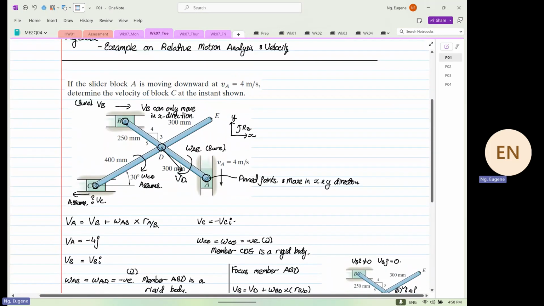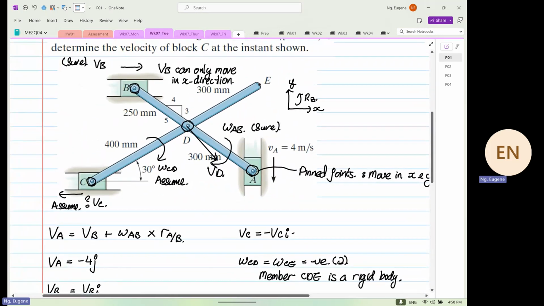Now I'd like to change your attention to member CDE. You cannot form anything related to point E, because at point E you're going to get more variables. Yes or no? So if you cannot form any equation, stick to what we have, which is what we know at point C. And we already know what is point D.